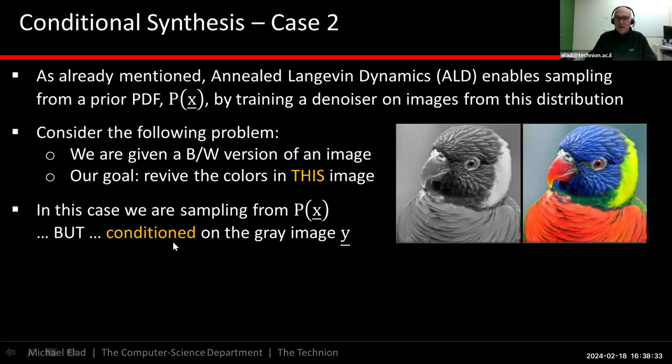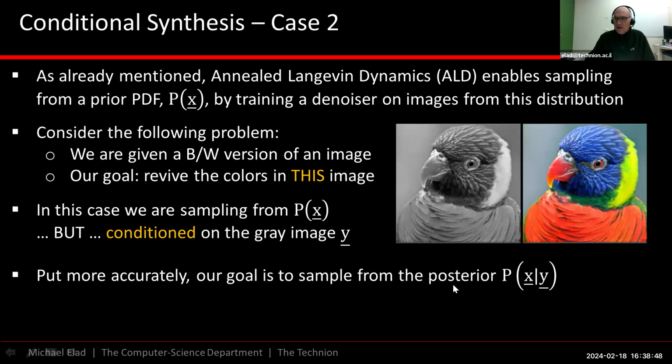Okay, so basically here as well, we are trying to sample from P of X, but conditioning on the given image Y, this gray image that sits as a reference that we have to refer to. Basically, again, just like before, we are asking to sample from P of X given Y. So here is the thing. There are many, many possible images in the image manifold.